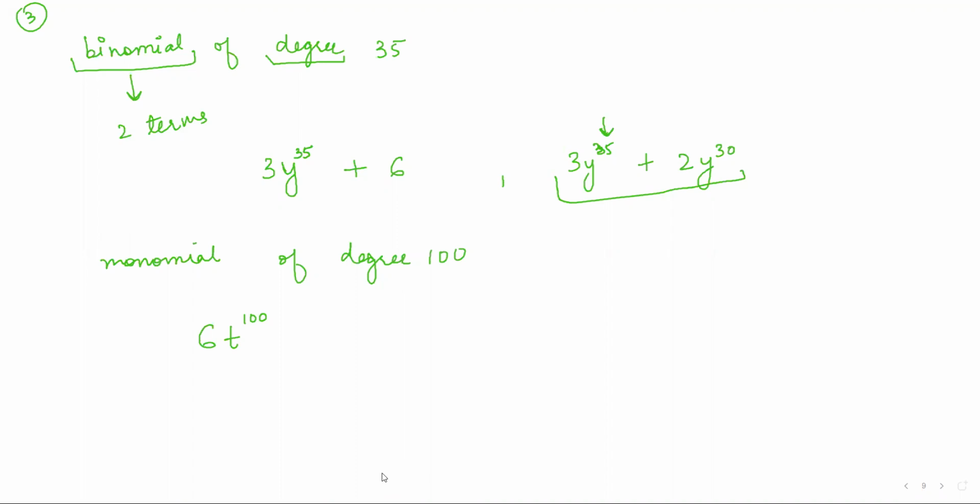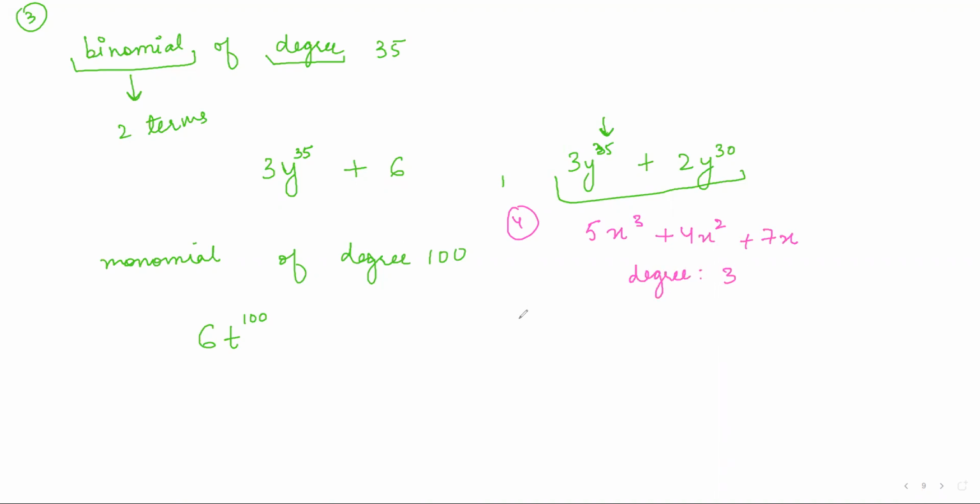Now next question number 4. Write the degree of each of the following polynomials. So I think you will be able to tell me now. So 5x cubed plus 4x square plus 7x. Okay, Jaslyn, what is the degree? 3. Yes.